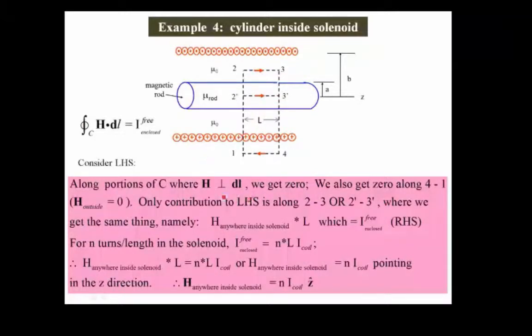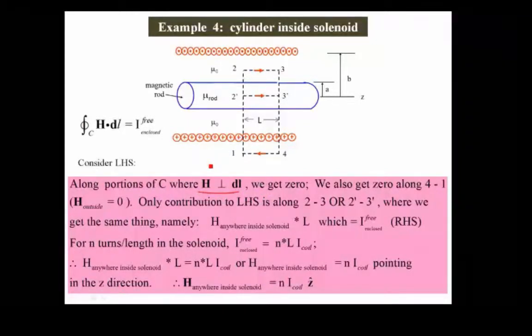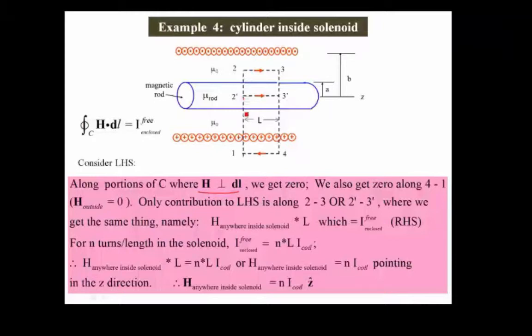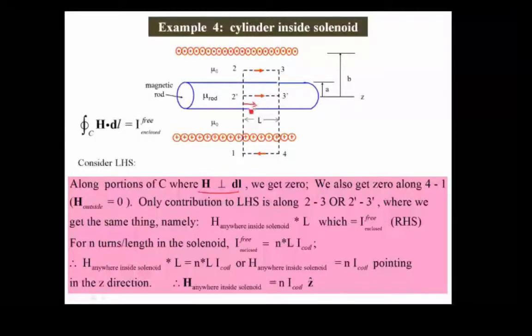Along the portions of this loop where we have H perpendicular to dl, we get 0 for the dot product. Realize the parts that we're talking about are the ones along this portion of the loop. For example, if you consider H in the direction of Z, which is the assumed direction because of the direction of the current, then you're perpendicular to the dl along the loop, and so you'll end up with 0 contribution to the H dot dl.